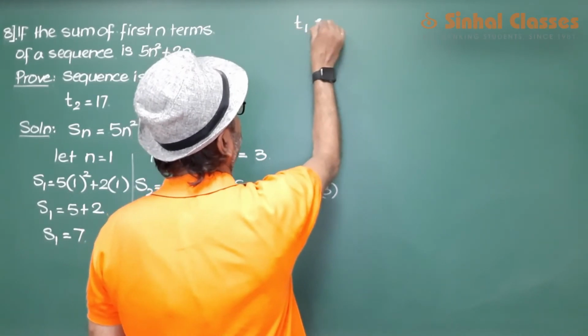Let us take multiples of 5. ये 5 के मल्टीपल्स हो गए.